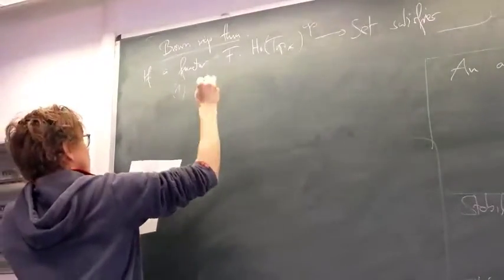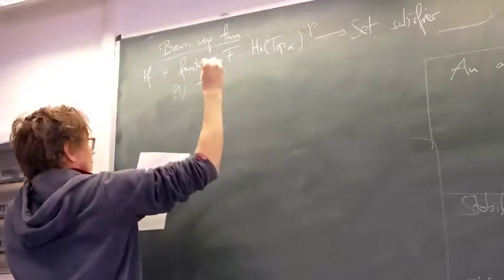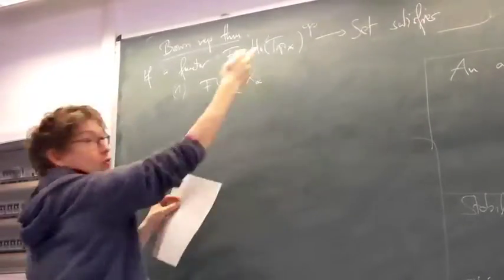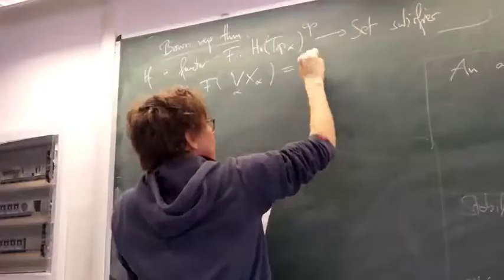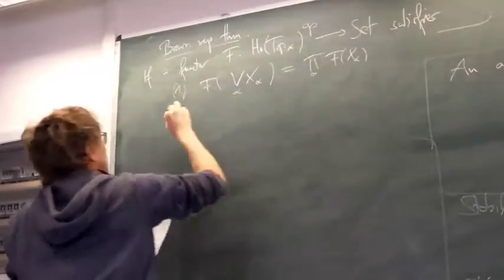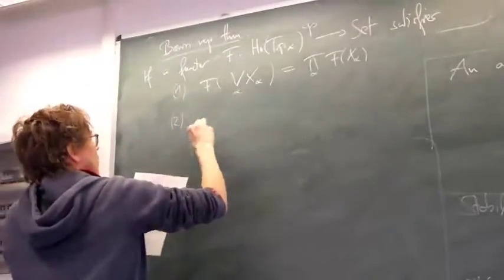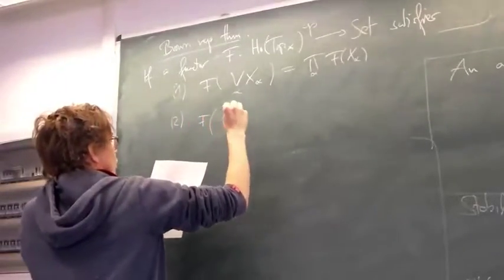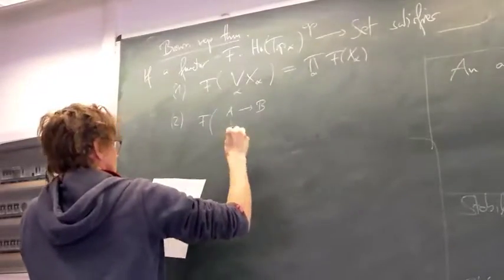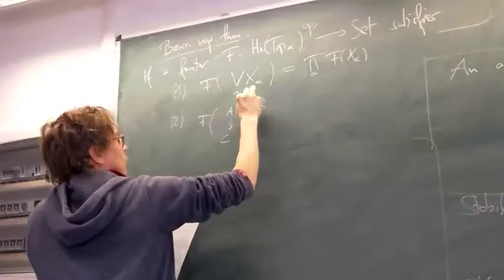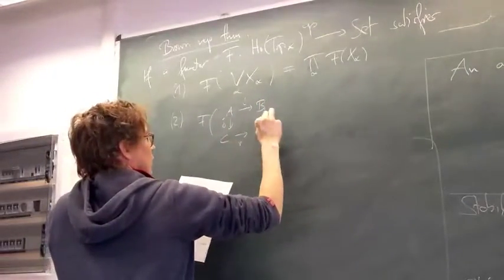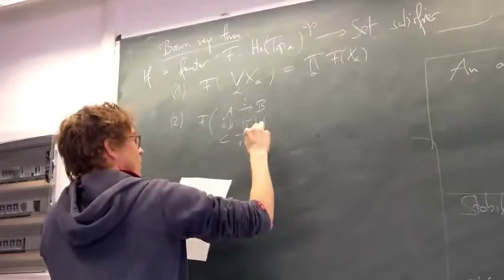And here are the conditions: it should map co-products, which are wedges in Top star, to products, and it should map push-outs, so this should be a homotopy push-out.